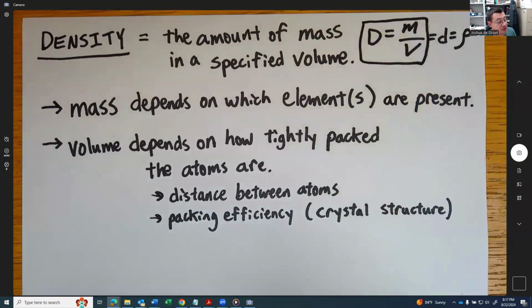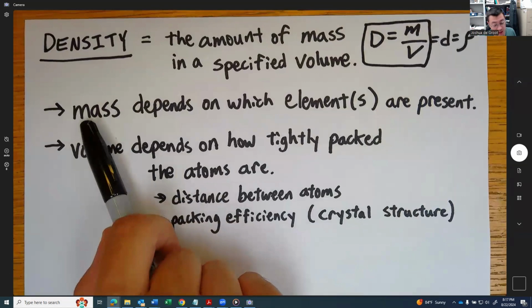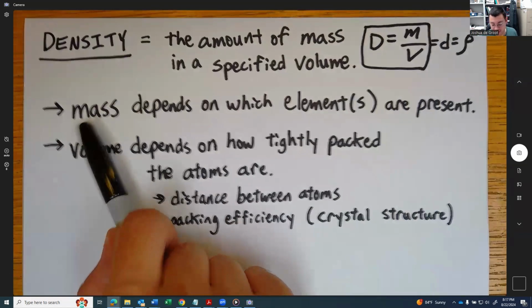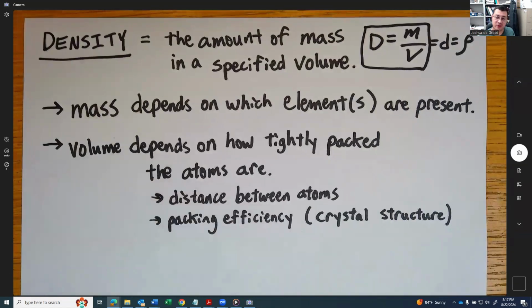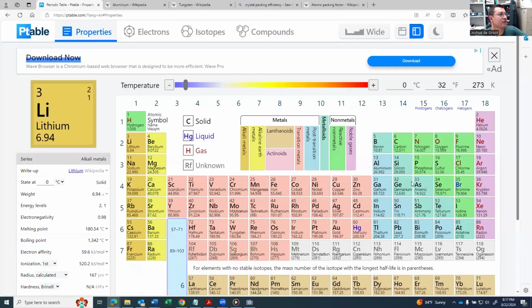So mass is going to depend on what elements are present in your material. Okay, so you'd have to go to a periodic table to get a general sense of that. I'm not going to be talking about that a ton today, but just to give you a preview for the future. Okay, we can go to a periodic table, and it's going to have something to do with these bottom numbers.